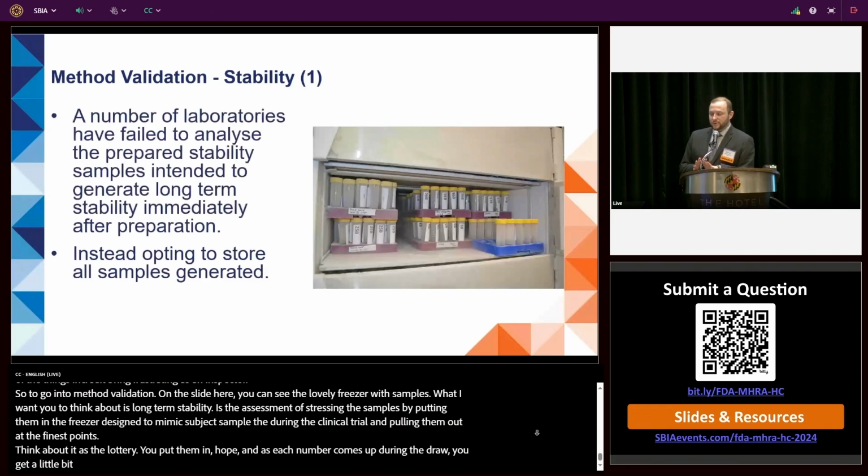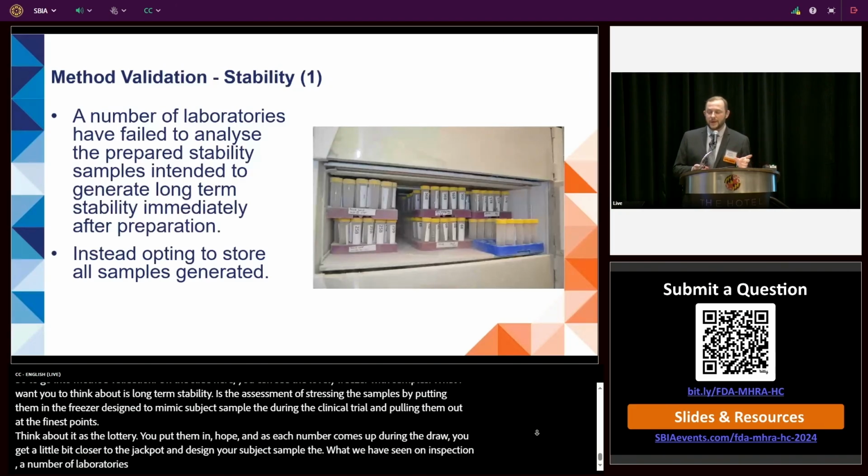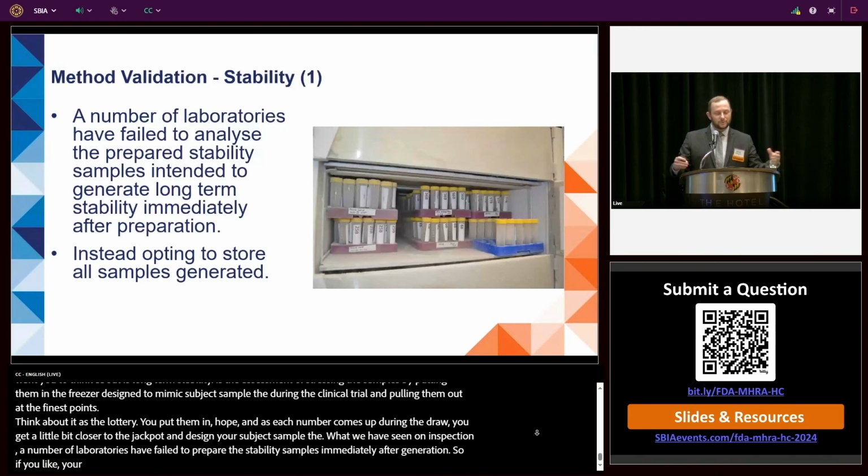The bit I want to talk about, and what we've seen on inspection, is that a number of laboratories have failed to analyse the prepared stability samples immediately after generation. So if you like, you're the lab scientist, you've got your lab coat on, you've got all of your samples in front of you, you are spiking your low quality control samples and high quality control samples ready to freeze.